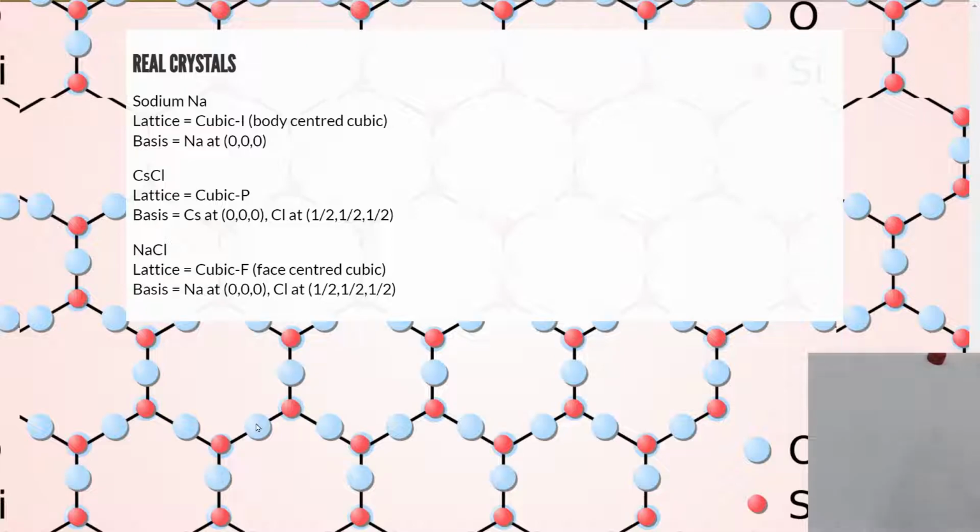So real crystals: if you go on the internet and try to find the structure of, say, sodium chloride, it's face-centered cubic, so it's a cube with lattice points on the corners and on the faces. At each of the lattice points, put one of the atoms at 0, 0, 0, and another one at half the cell dimensions along the diagonal, and that builds up the sodium chloride structure.